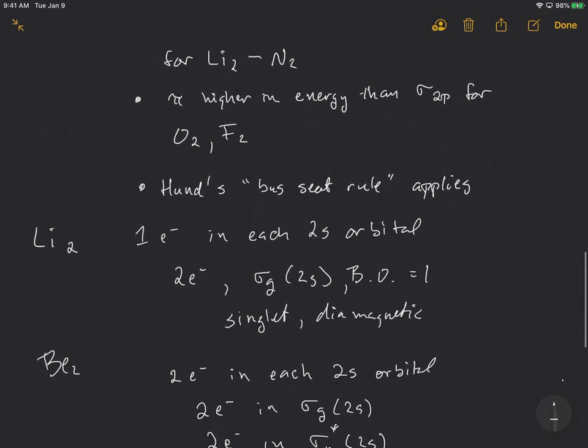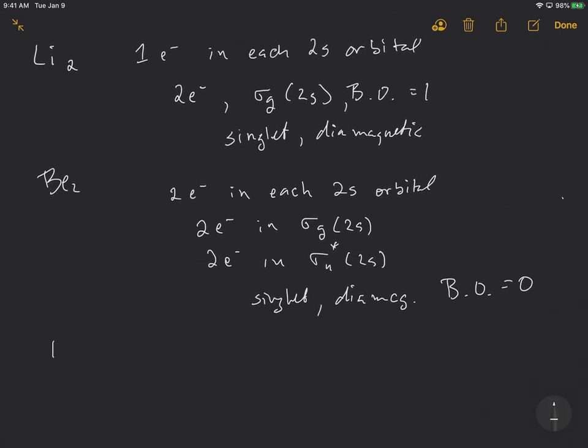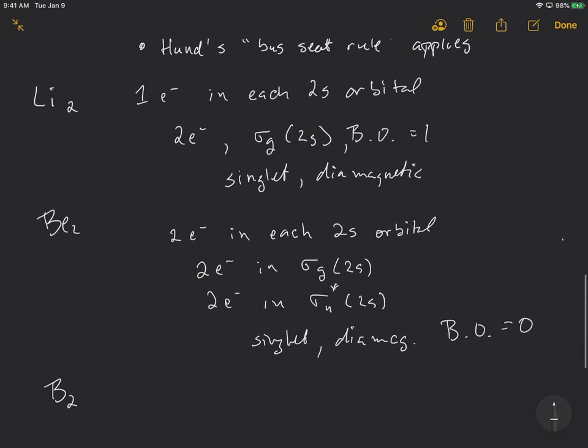Now let's move on to boron. Look at diboron. So we looked at dilithium, diberyllium, now diboron.